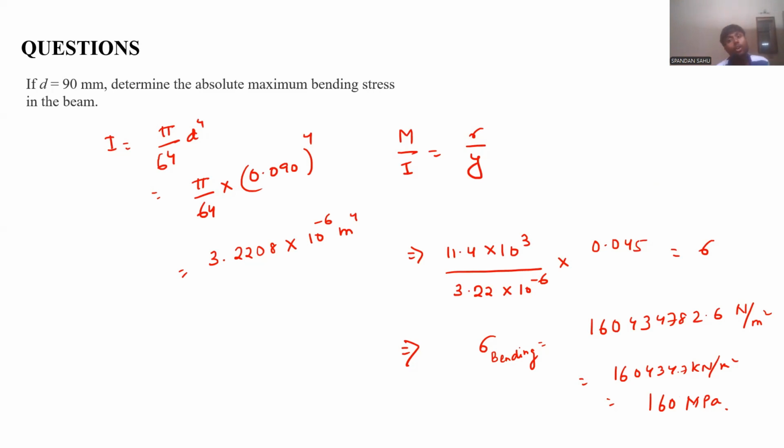Now the stage is all yours. If there is no doubt, we will end the session after 2-3 minutes. I will wait for another 4 minutes. If there is any doubt, I will take those doubts.